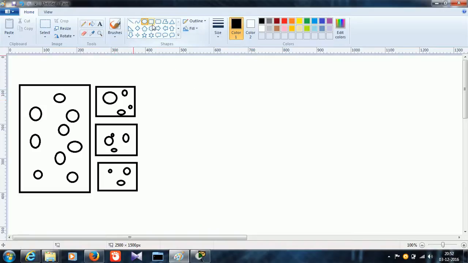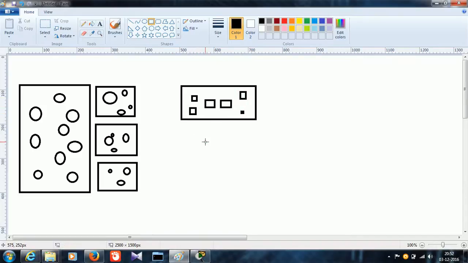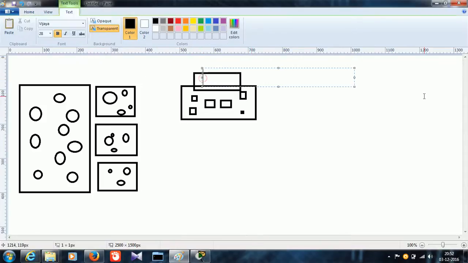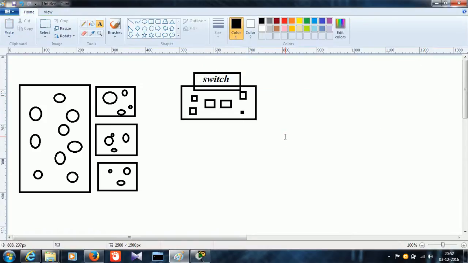So actually, if this first standard guy is sitting here, and this many people are sitting inside first standard, how can they communicate with themselves? They are communicating locally, right? For that purpose we need a device called a switch. Switch is a device which is used to provide the communication locally.